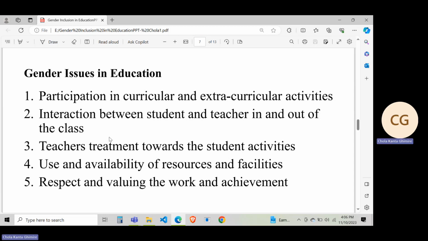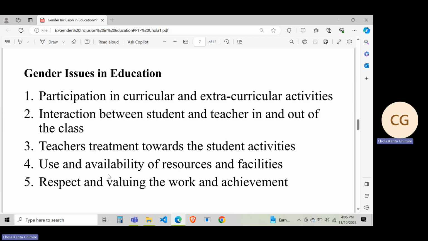However, in different situations we can find that the treatment of teachers is different for boys and girls, in terms of their responses in the assignment, in the classroom activity, and in evaluation and achievement. Therefore, another issue is teacher treatment toward student activities.